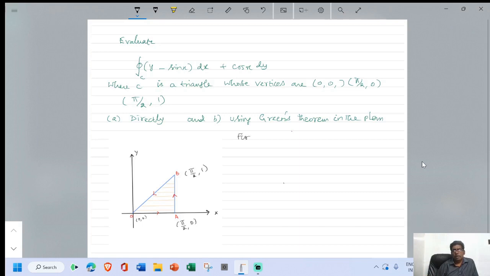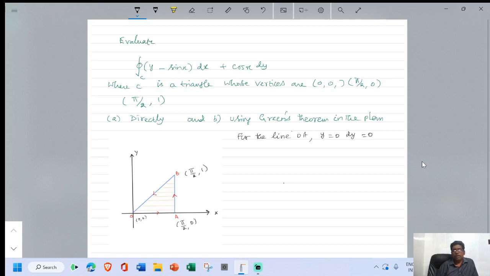For the line OA, y equal to 0, then dy equal to 0. Along this line, the value of y is 0, so dy is 0.